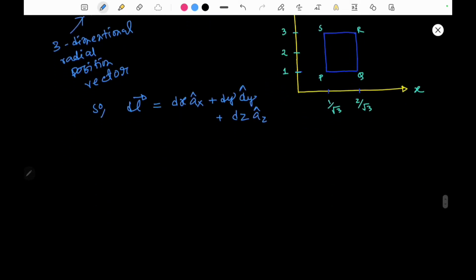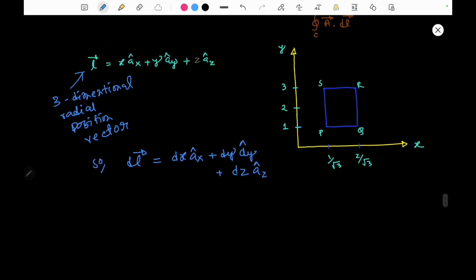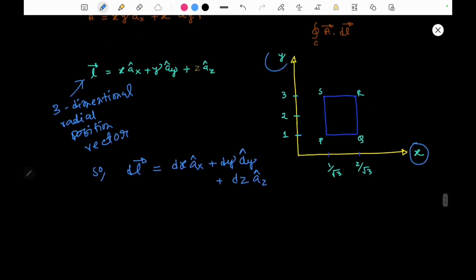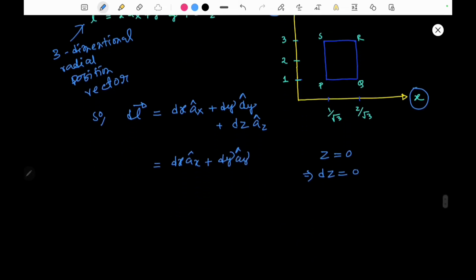Now we have seen that this is the xy plane, so here z equal to 0, means there is no height in the z direction, so dz equal to 0 also, that we can put here: dx ax cap plus dy ay cap.